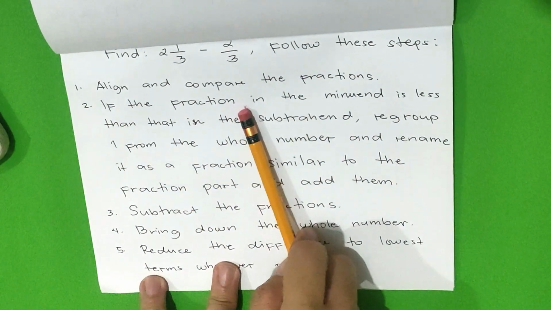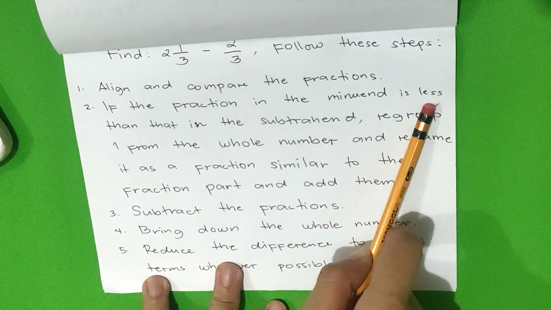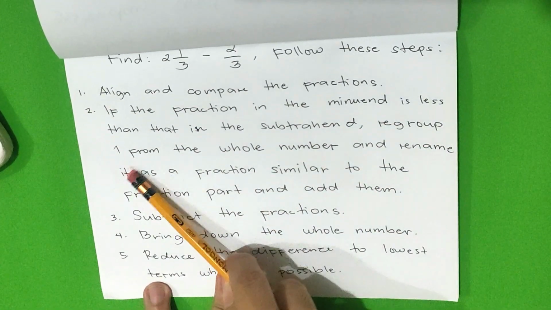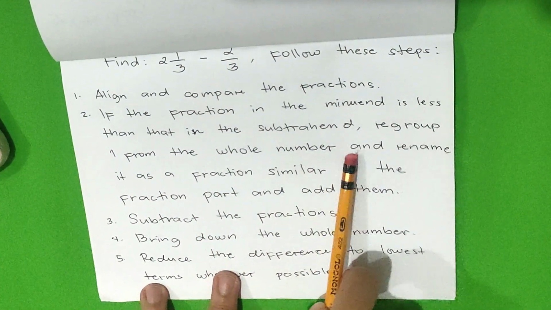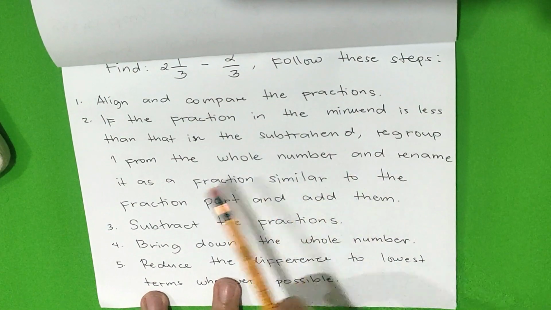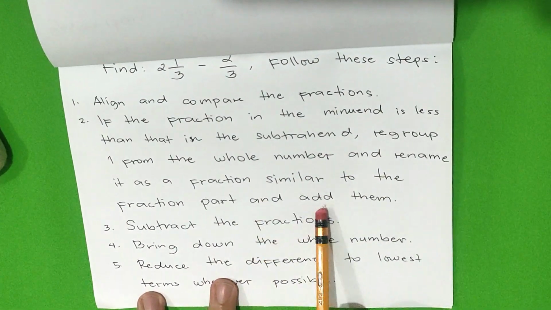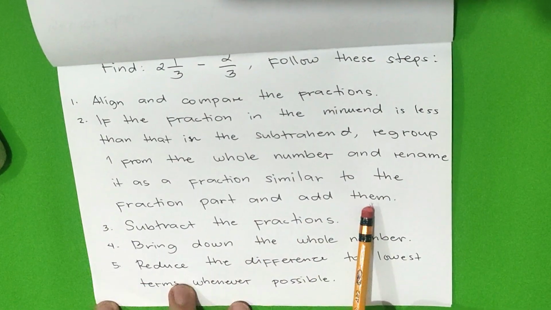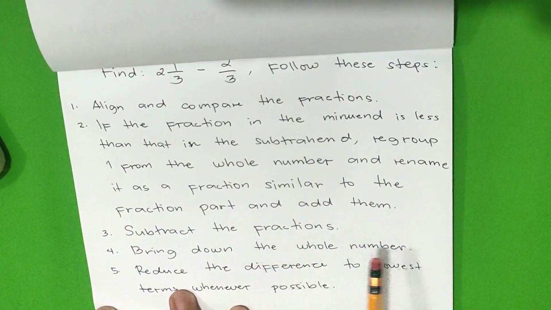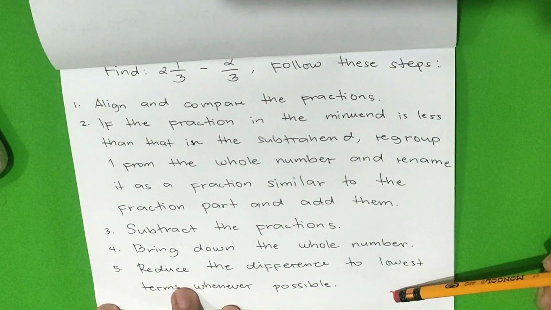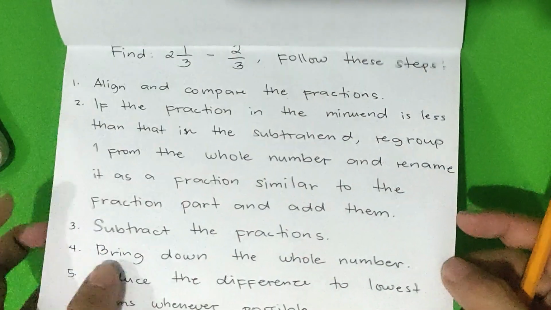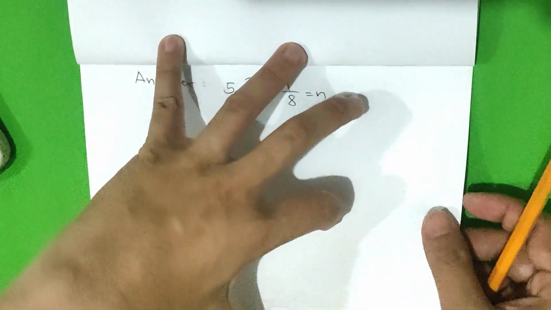If the fraction in the minuend is less than that in the subtrahend, regroup 1 from the whole number and rename it as a fraction similar to the fraction part and add them. After that, subtract the fractions, then bring down the whole number, and lastly, reduce the difference to lowest terms whenever possible.